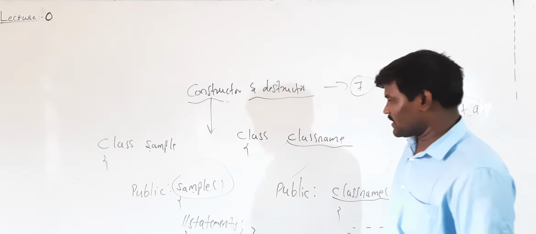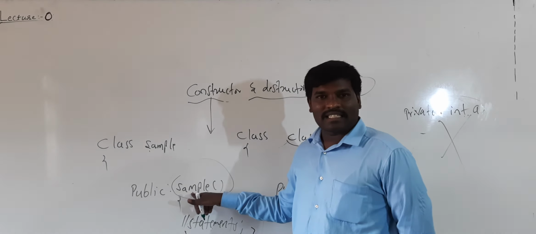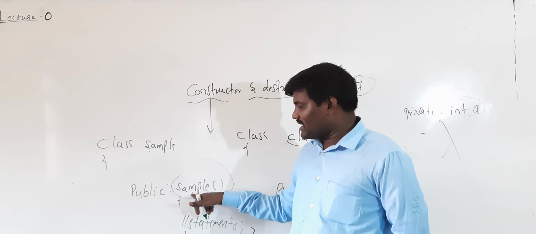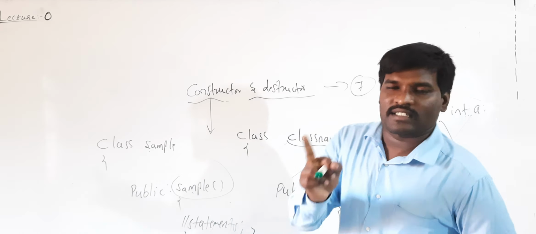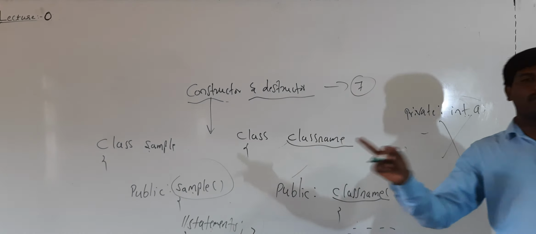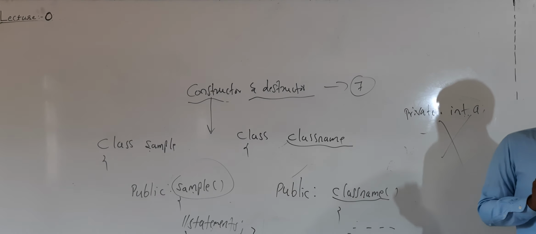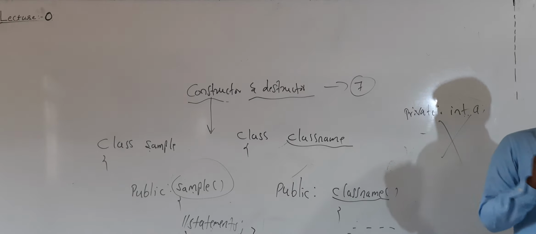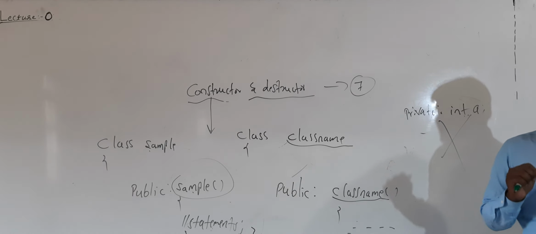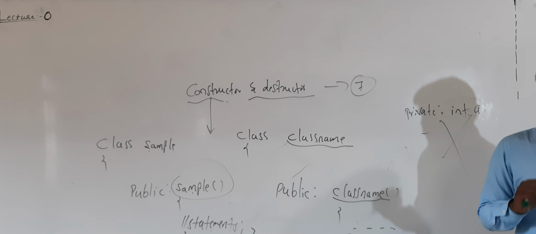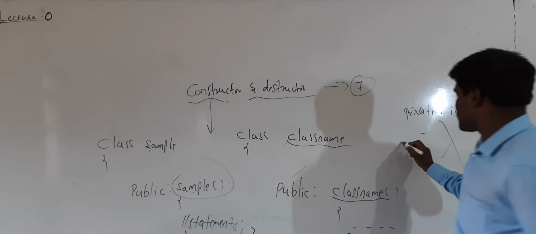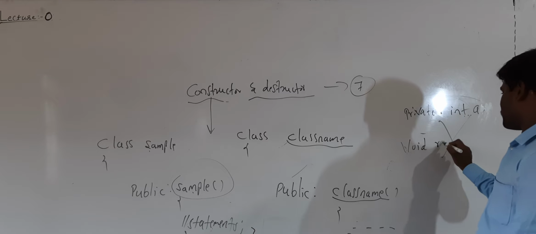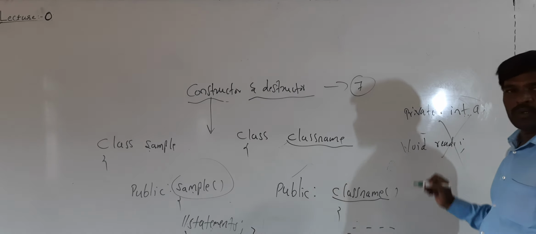Second one is, see here. Here constructor is defined in the public section. It means that constructors must be defined in the public section of the class. This is the second characteristic or second rule. Third point is, in the normal function you have to write like this: void read, void compute, void display.